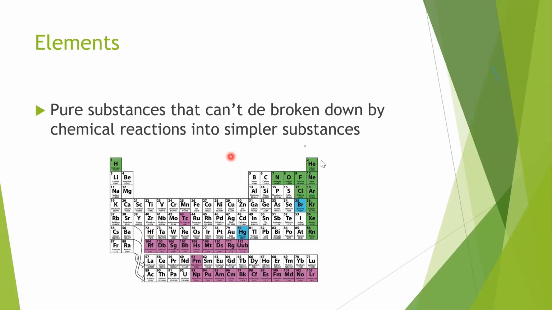Like this is hydrogen, helium, lithium, beryllium, boron, carbon, and so on. Elements are pure substances that can't be broken down into simpler substances. And these are all of the known ones, except that in recent years they discovered 113 to 118, which are new elements. But this is just an old picture of a periodic table. So that's what an element is.